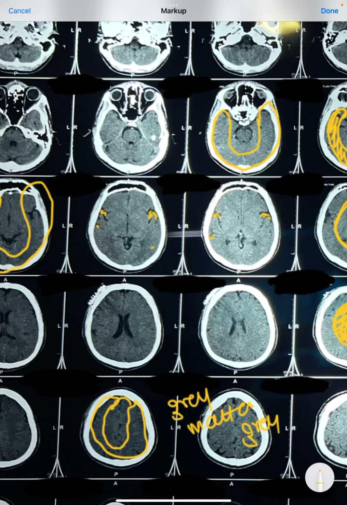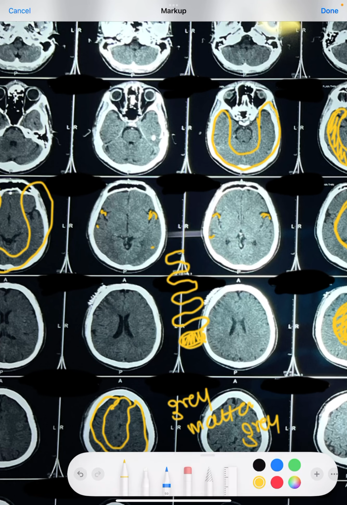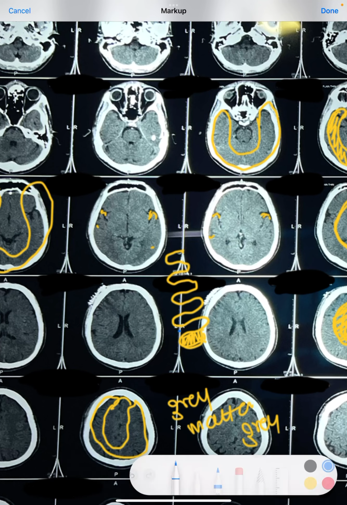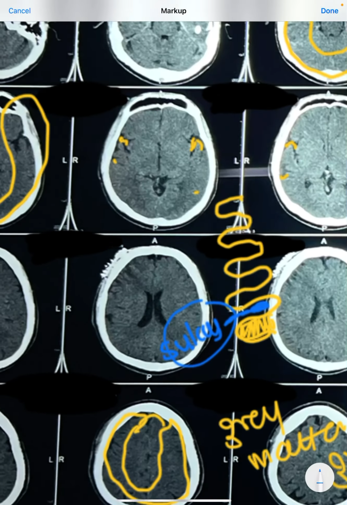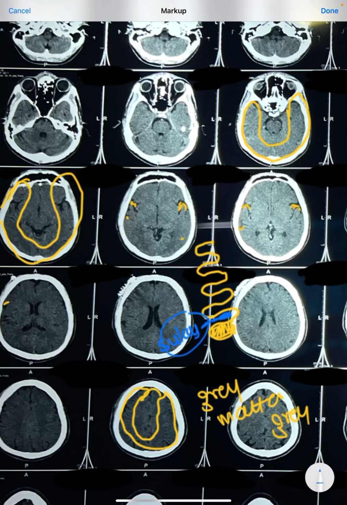So the outside portion which has brain matter like this, this portion is all the gray matter, whereas the portion between the gray matter is called sulcus, where usually we don't have anything, which is a vacant space.